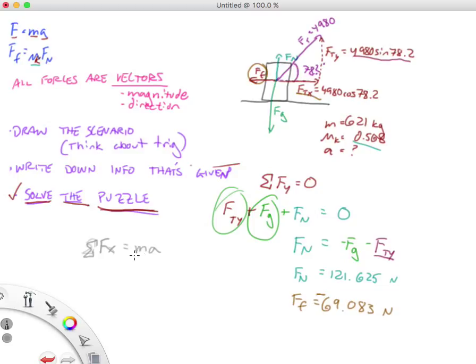We know what the mass is, and we're trying to find the acceleration. It's going to be to the right here. So the sum of the forces in the x direction is F_Tx, that's the tension in the x direction right here, we know that number, plus the frictional force.